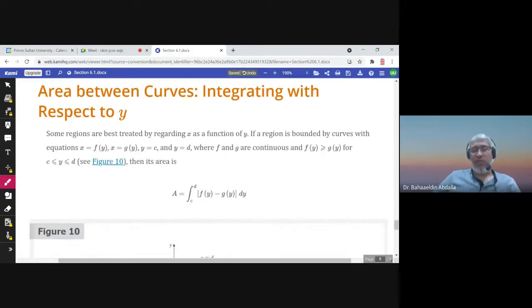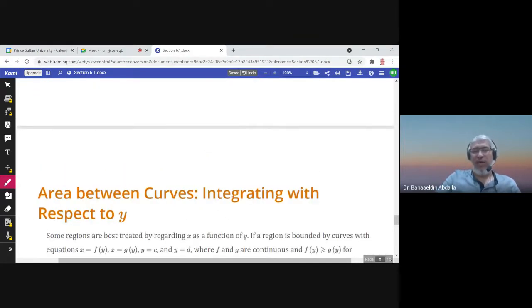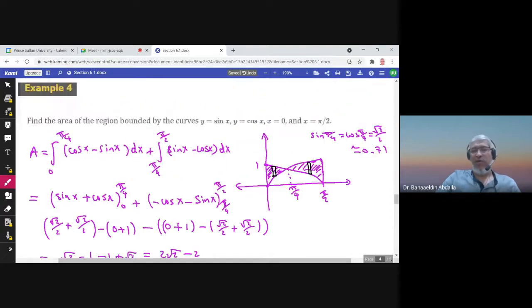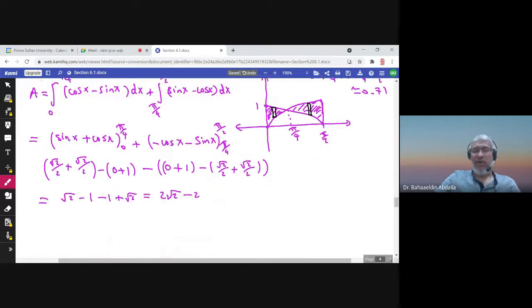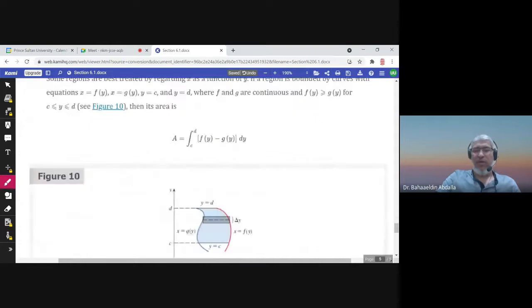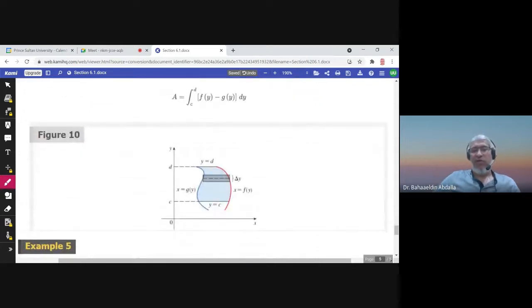Now also, it is not always the case that one of the functions is above the other. Sometimes one of the graphs is to the right of the other, because this may not be a function. So in this case, the typical rectangle would be horizontal like this.